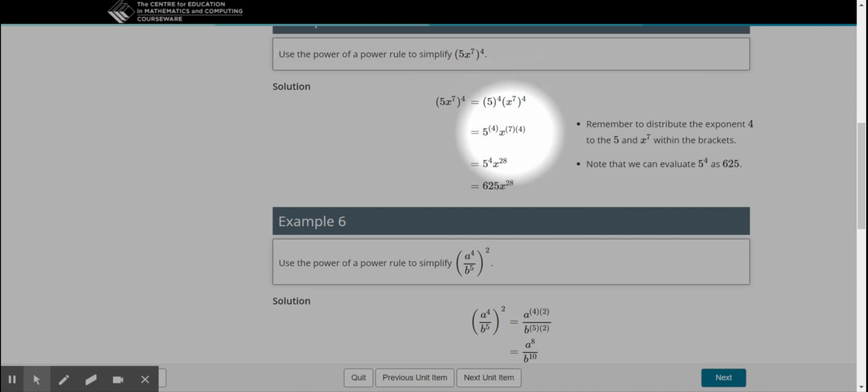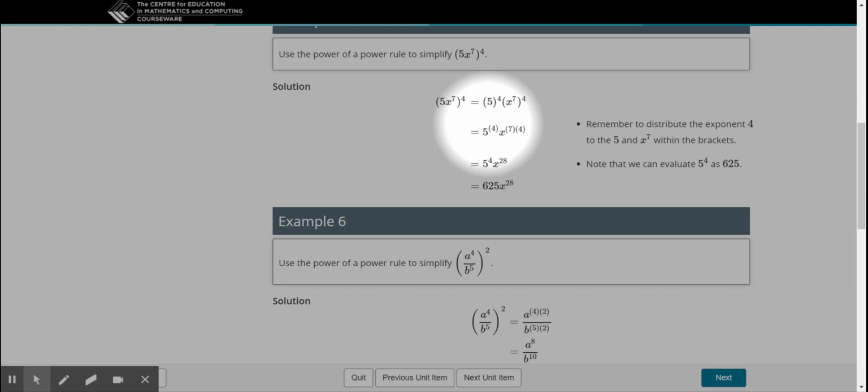And then we are going to apply our power rule. Notice that the exponent 4 applies to both the 5 and the x^7. When we apply the exponent to both the number and the variable, we say that we are distributing it.